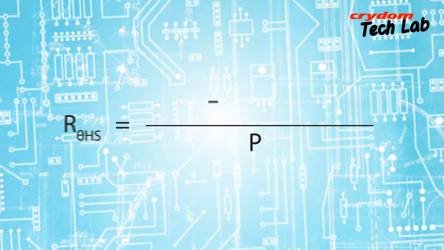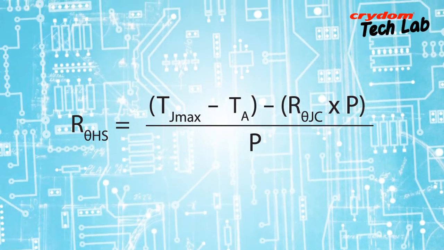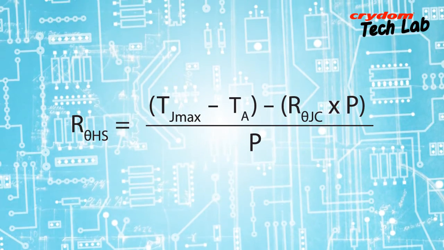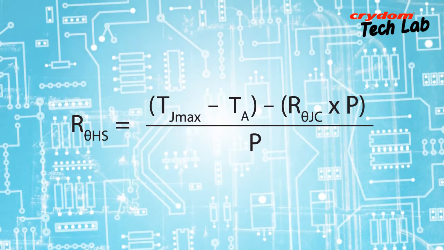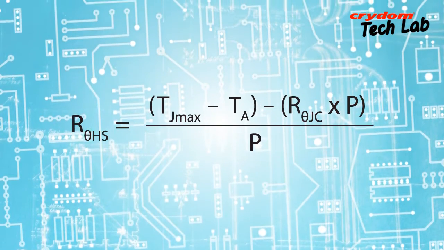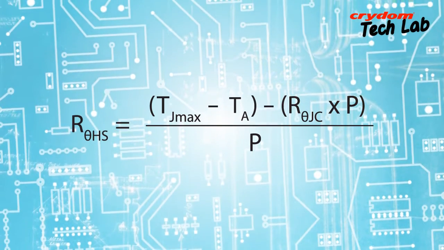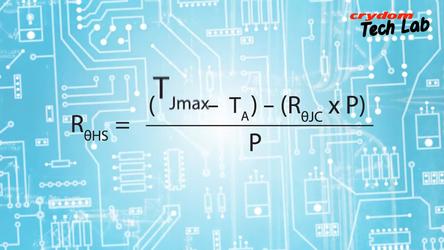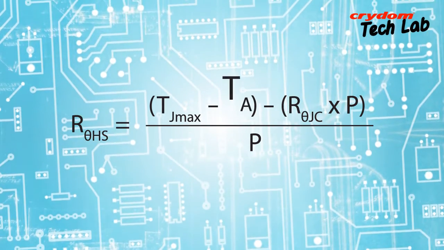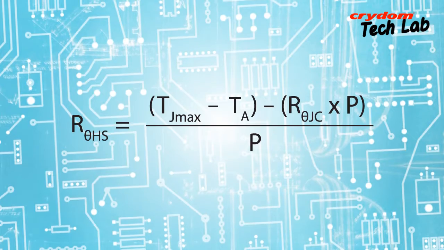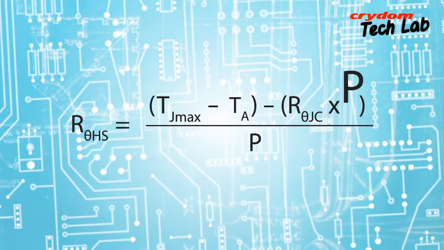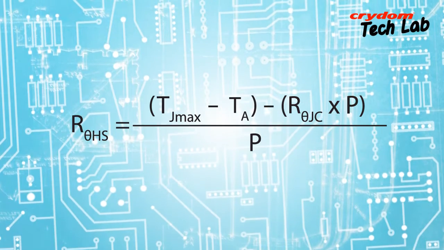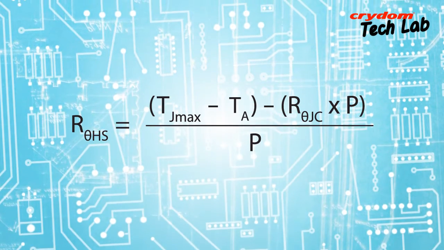For those who would like to calculate the exact values of any of these parameters, the mathematical relationship between them when solving for heatsink thermal impedance rating in degrees C per watt is as follows: heatsink thermal impedance equals maximum die temperature minus ambient temperature minus the product of the relay's thermal impedance times the power dissipation in the relay, all divided by the power dissipation in the relay.